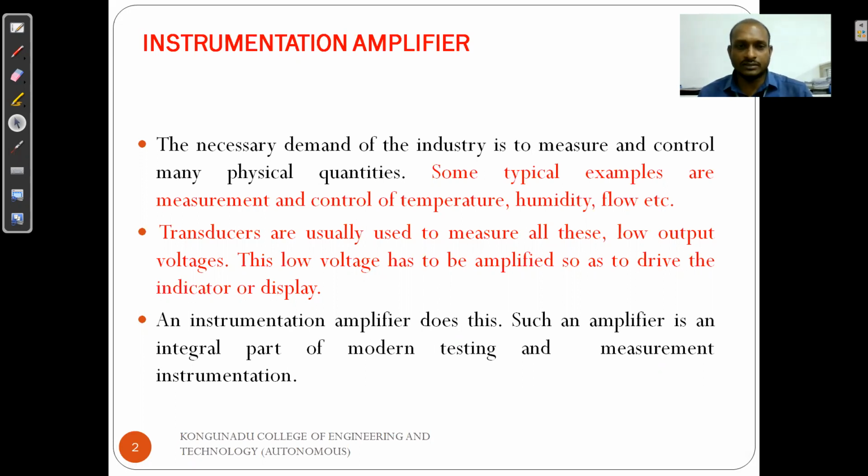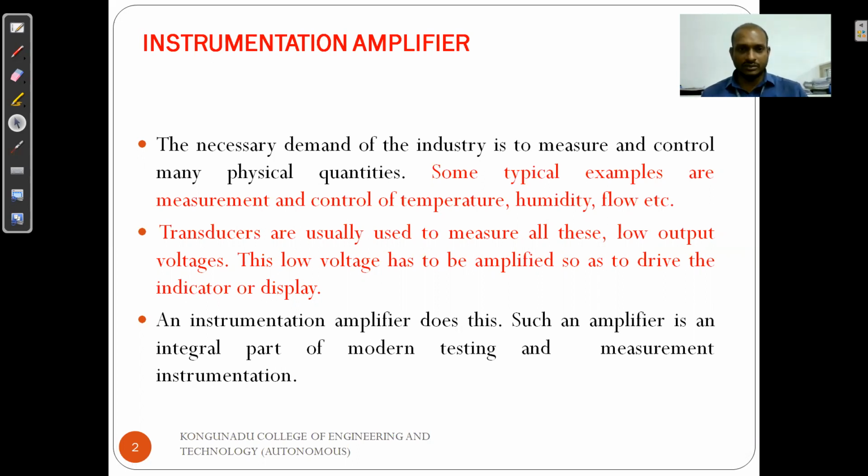Normally transducers are used to measure all these low voltage signals. This low voltage can be amplified so as to drive the indicator or supply, and this amplification can be done by the instrumentation amplifier. Such an amplifier is an integral part of modern testing and measurement instrumentation.